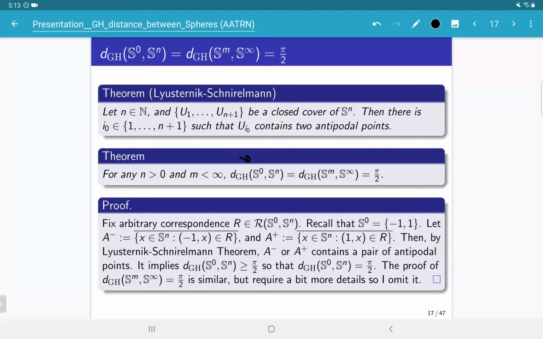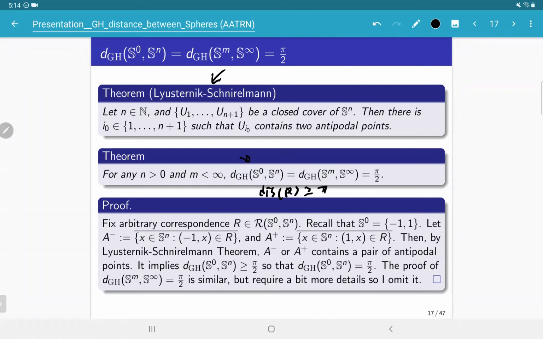Therefore, we can apply this Schroemann theorem. It means that one of them must contain 2 antipodal points, and it means that the distortion of R is lower bounded by pi.